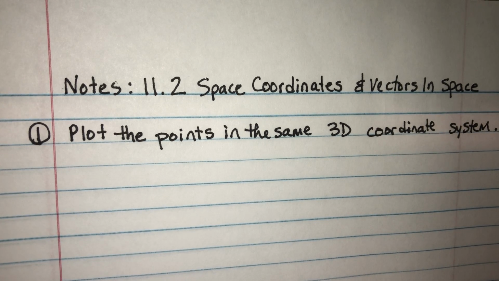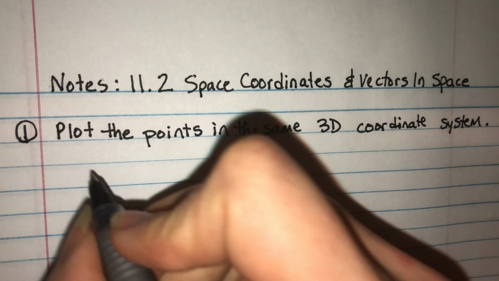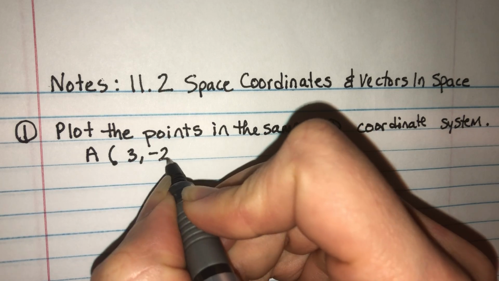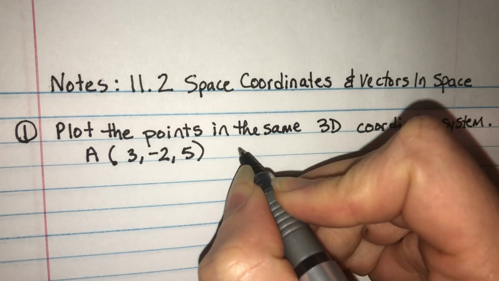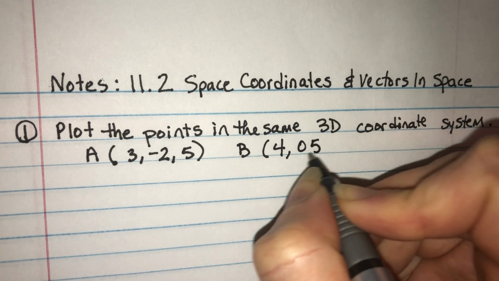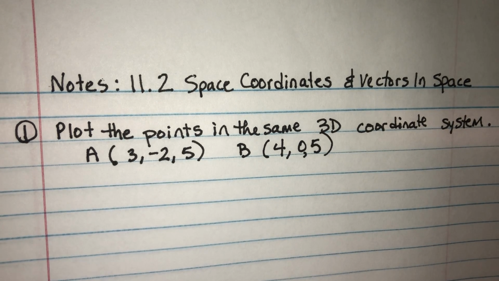Okay, so we have 2 points to plot. Point A is going to be at 3, -2, 5, and point B at 4, 0, 5. So, what does this mean?